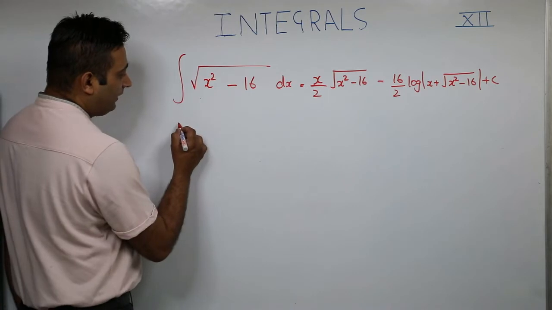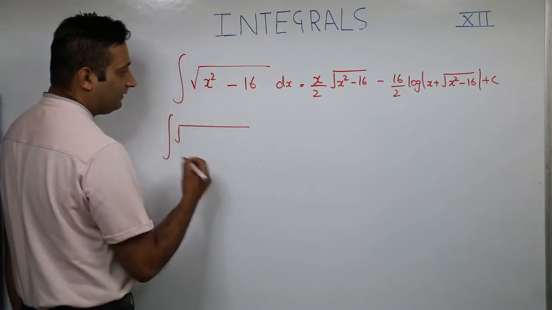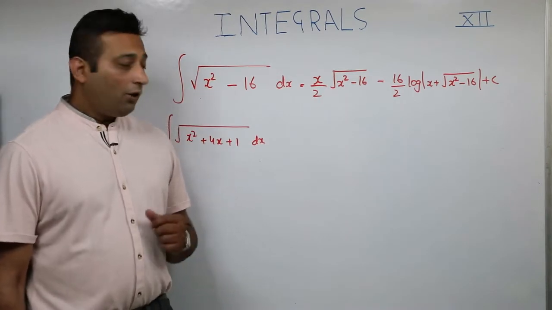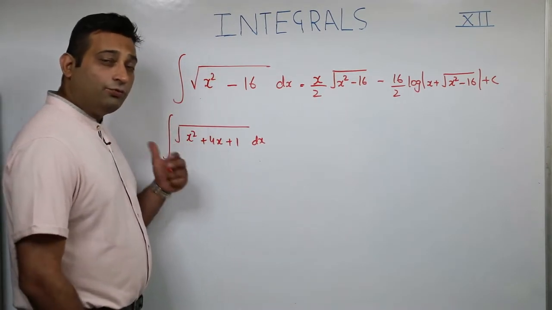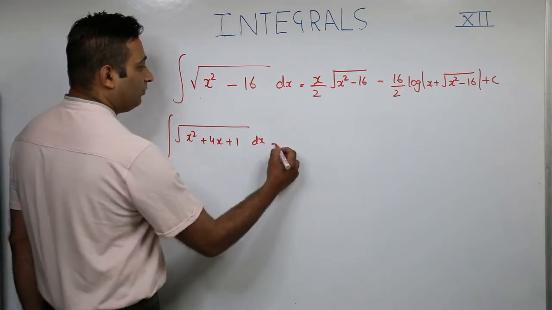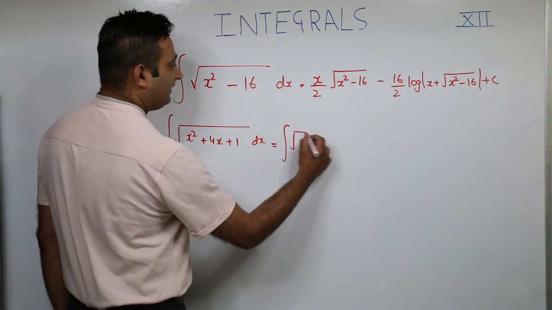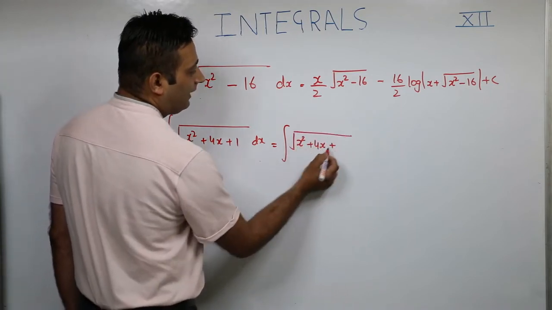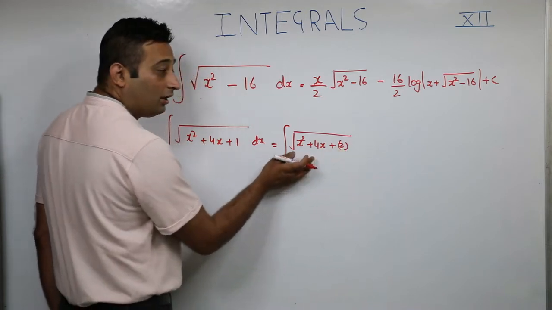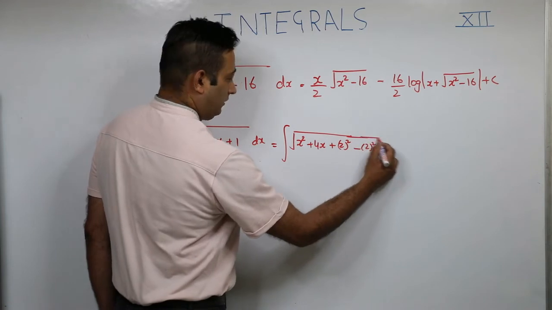Now if the question is not in the standard form, then we can see one more problem. Here we have to rearrange this to form a standard form. So what we'll do here is we'll rearrange the terms, that is under root of x square plus 4x. Now we will add the square of half the coefficient of x and subtract it also.